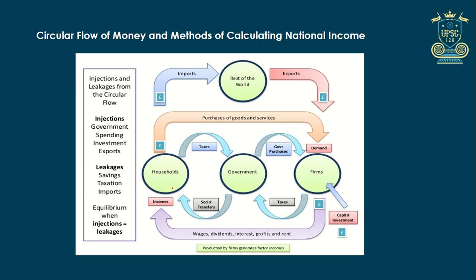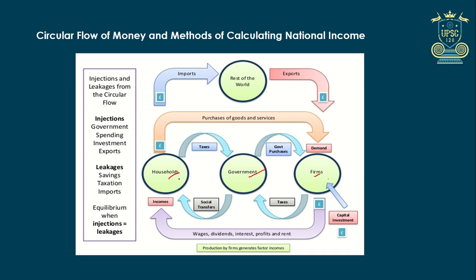So here you can see that there are households, then government, firms, that is corporates, the company. Now how is the flow of money happening? Let's say from firms, that is company, who is working in the company? The people in households are working in the company. So the company has to pay wages.